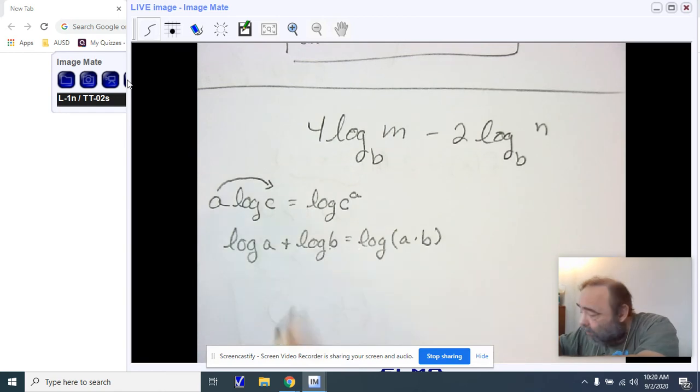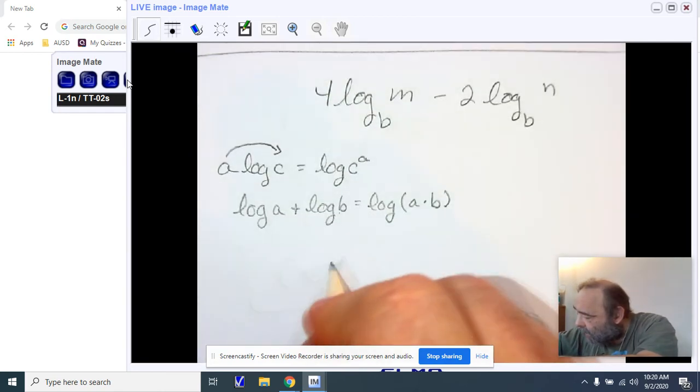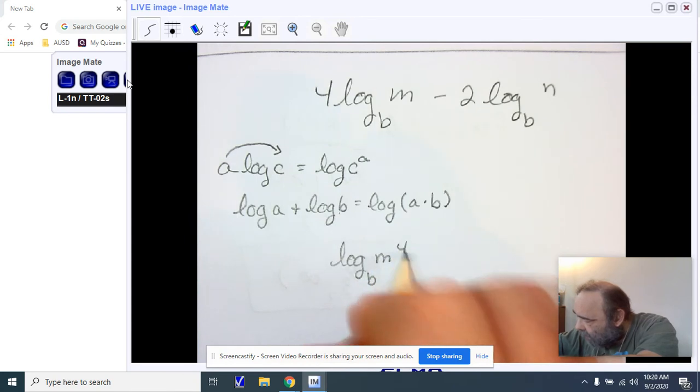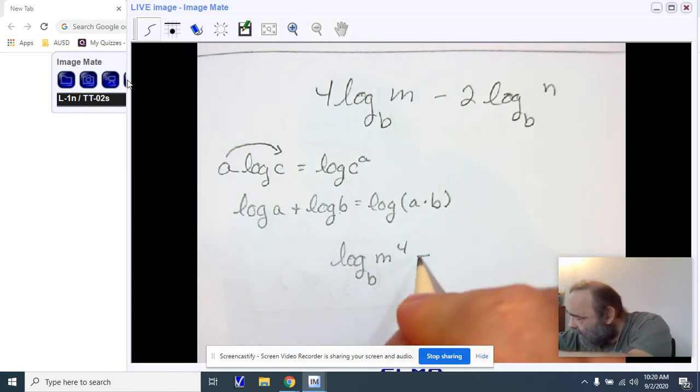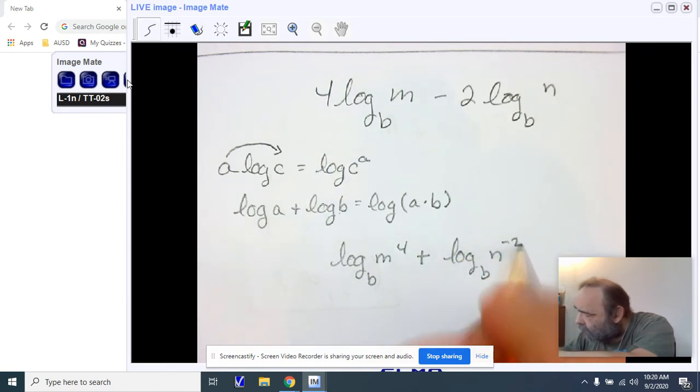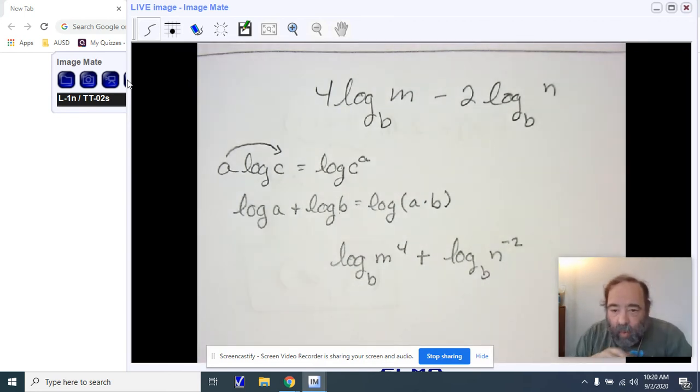So using these 2 rules, we're going to start off with log base b of m to the 4th minus, and I'm going to make that a plus, log base b of n to the minus 2. Notice I took the minus as well as the 2, and this gives me the fraction.